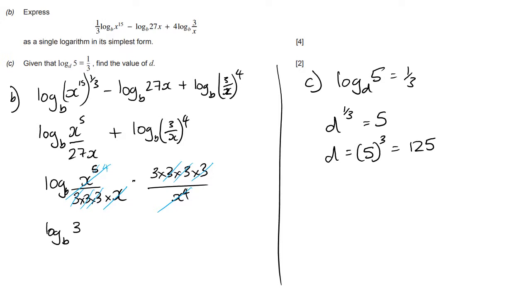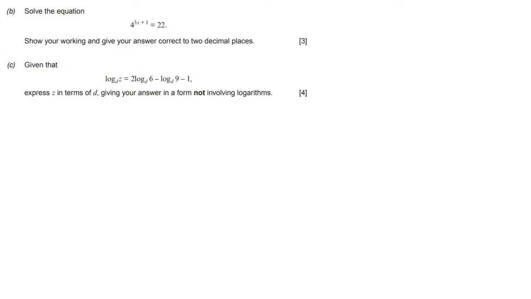Okay, next question. So here we have solve the equation, and this is like the first type that we did. However, with this one we cannot manipulate 22 into the base of 2, or 4 we could, or to the base of 4. So we're going to have to just take logs of both sides.